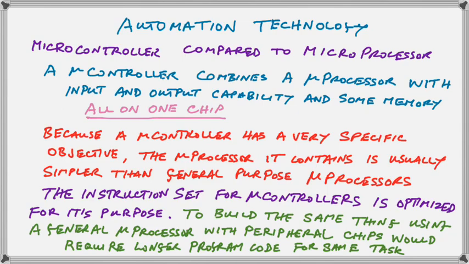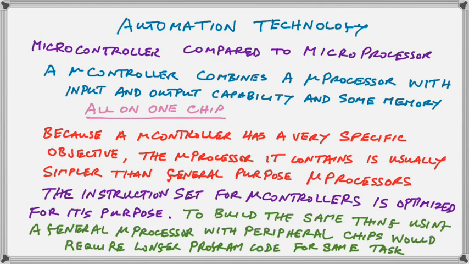But on this first screen, we're comparing the microcontroller to the microprocessor. Now, the microprocessor is a general purpose CPU that interfaces to various peripheral chips or to external memory, or even to hard drives or whatever as required. The microcontroller takes the idea one step further, and it combines the input and output functions directly on the one chip.